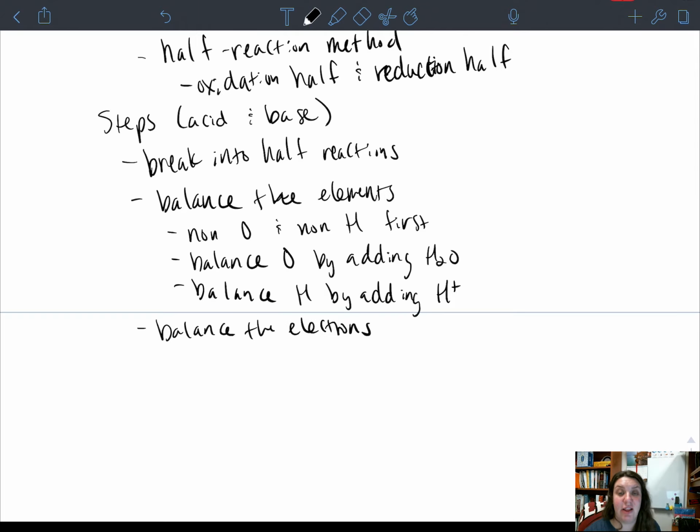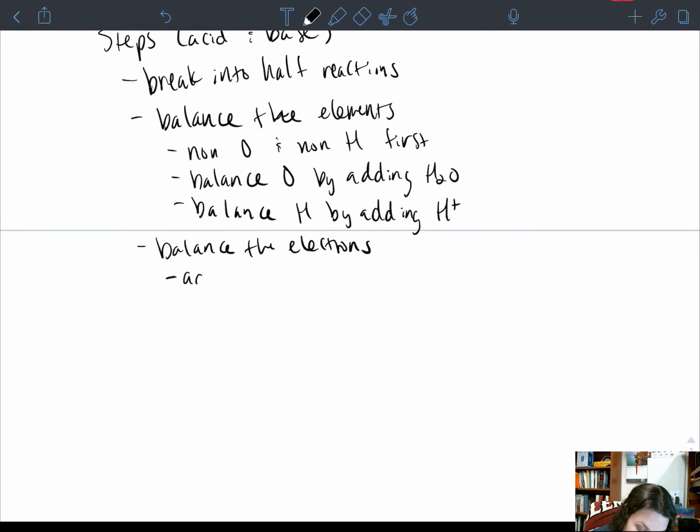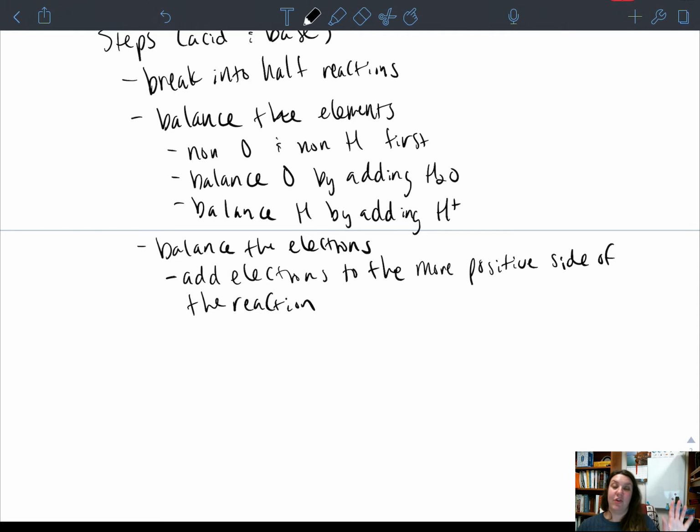So you're going to add electrons to the more positive side of the reaction. So if one side of your reaction, all of your charges add up to +1, the other side of the reaction, all your charges add up to 0, you'll add 1 electron to the other one, so you get both sides to be 0.